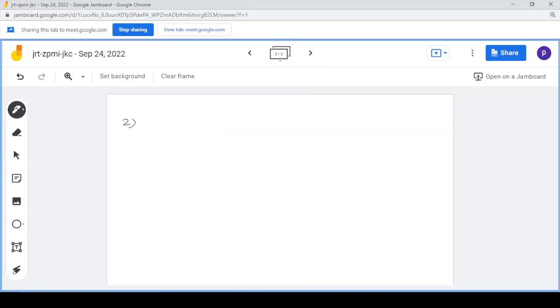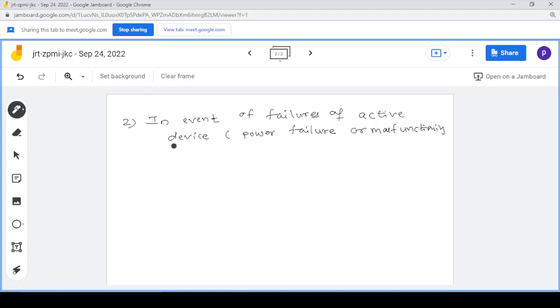So let us look at the second. In the event of failures of active devices. Which are the active devices? Many active devices are there, such as power failure can cause the failure of the devices, or malfunctioning of any electronic or electrical components.